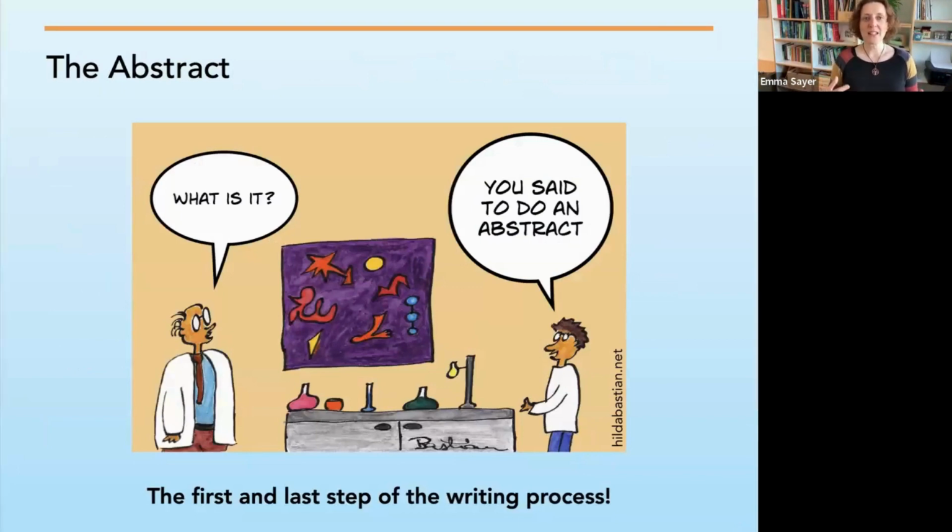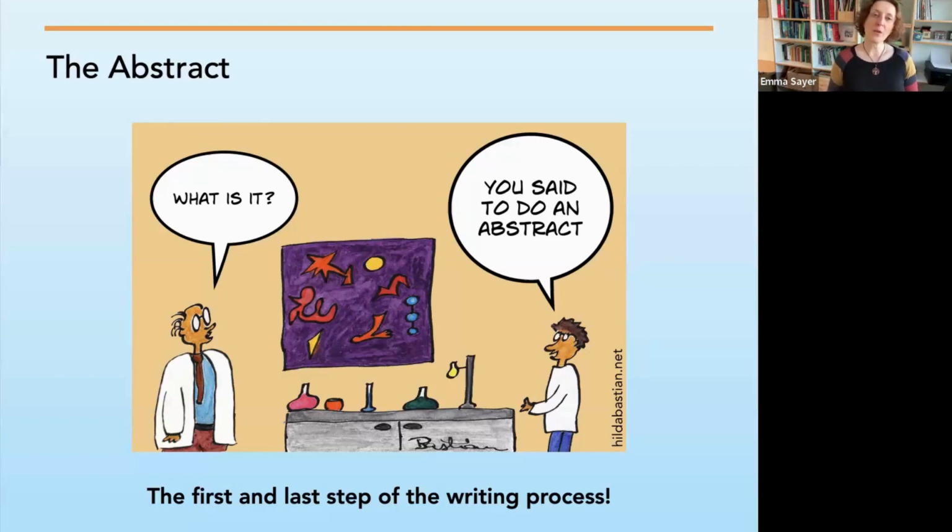So that's all I'm going to say about hypotheses, because obviously one of the first and last things we need to think about is writing the abstract. So now we've got our hypotheses, we can get going with the writing. And I often write the abstract last. I find it very useful to write the abstract when I've got the rest of the paper and I can write a summary of the whole paper.